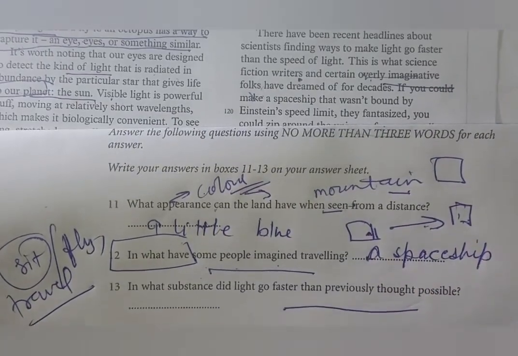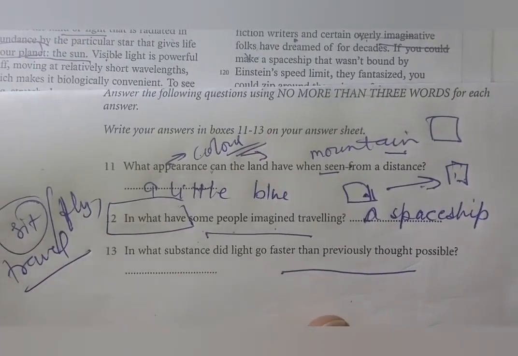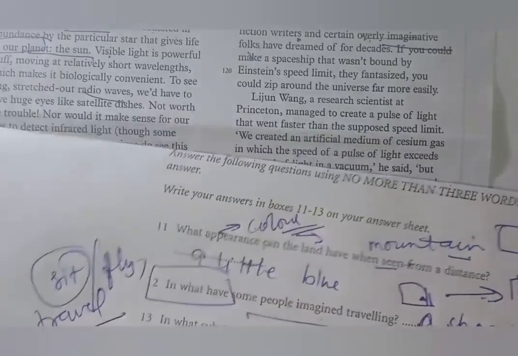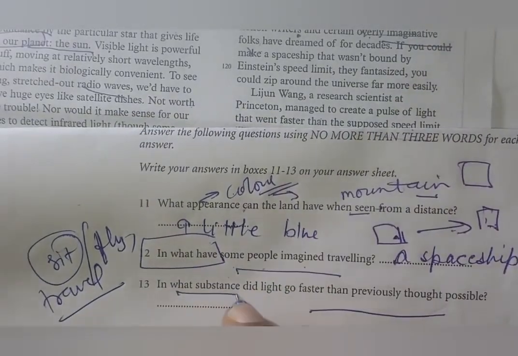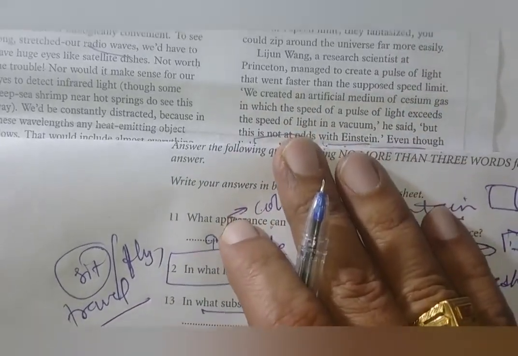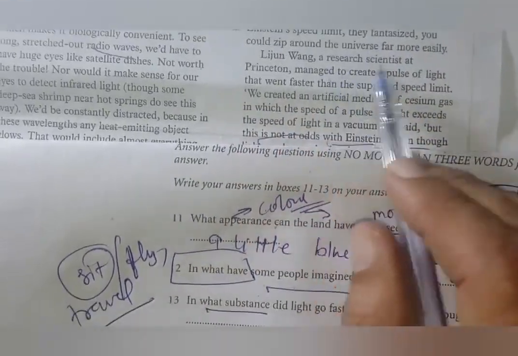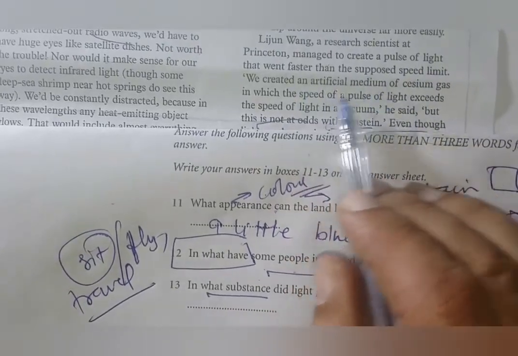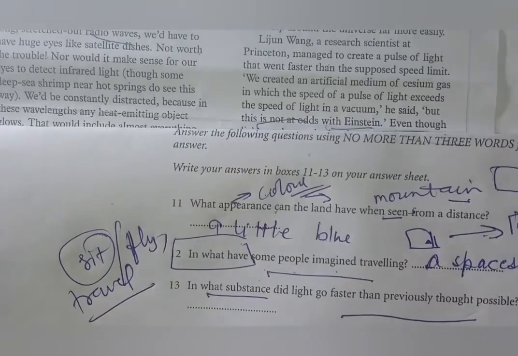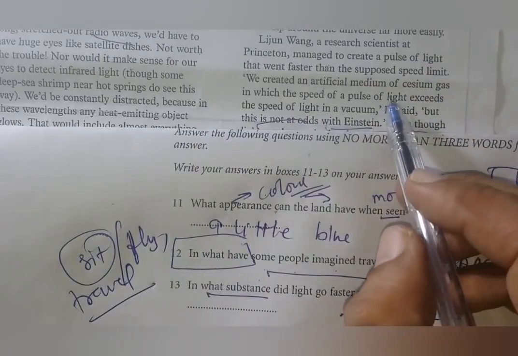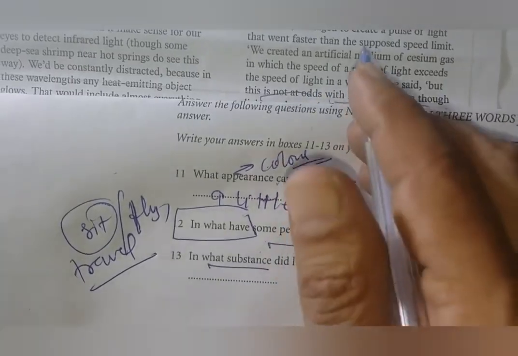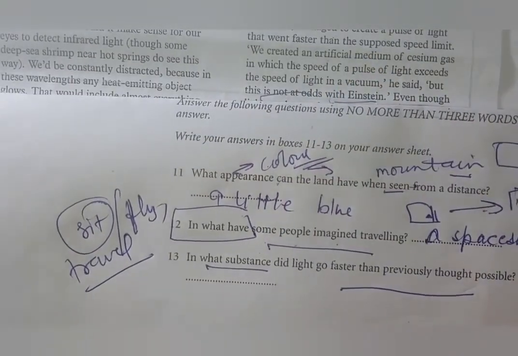In what substance did light go faster than previously thought possible? Substance, I have to check. So it's very easy, very cool. Very easy and very cool questions. So for substance, because I have got the pulse of light, they went to, we created an artificial medium of cesium gas in which the speed of a pulse of light exceeds that in a vacuum, so previously thought possible.